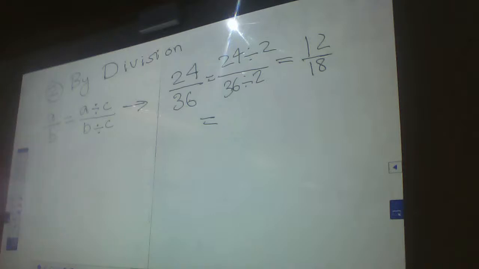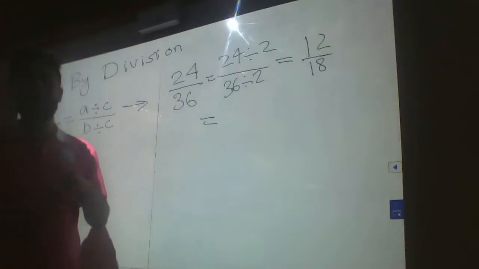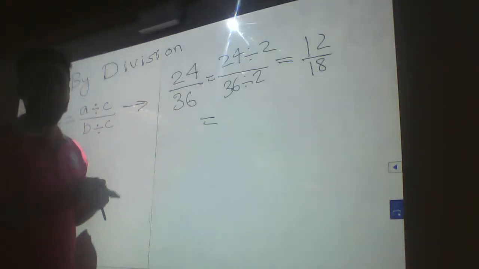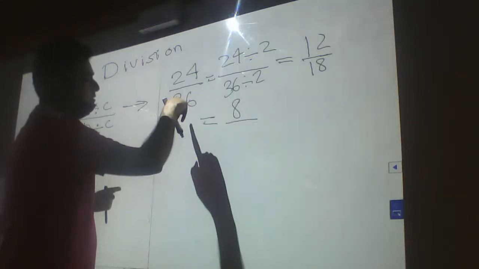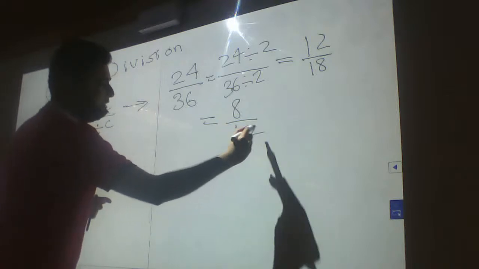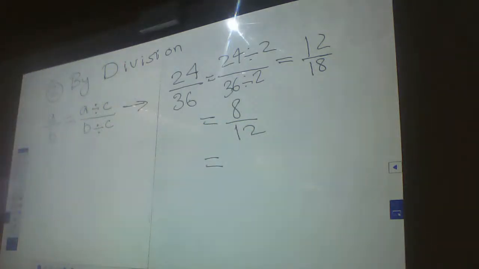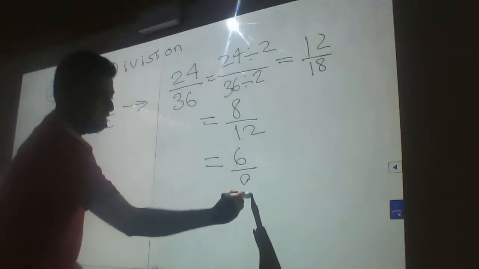Let's say 3. If we divide by 3, what will we get here? 8, right? And here 12. Correct. Again, if I want to divide by any other number, 4, so we can do 6 over 9.